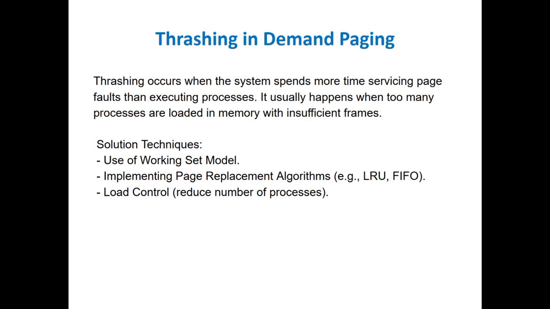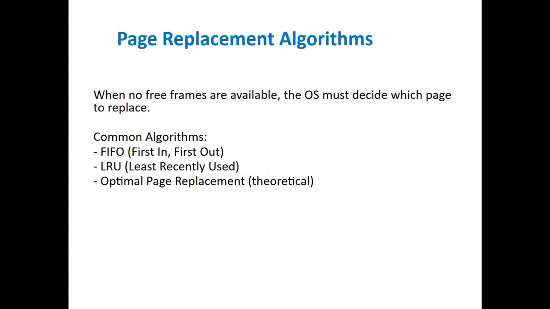Third, load control: reduce the number of processes. Now, there are some page replacement algorithms. When no free frames are available, the OS must decide which page to replace. Common algorithms are FIFO, first in first out, LRU, least recently used, and optimal page replacement.